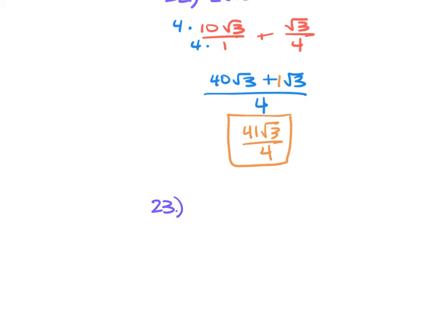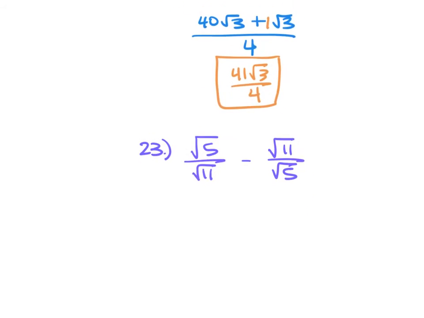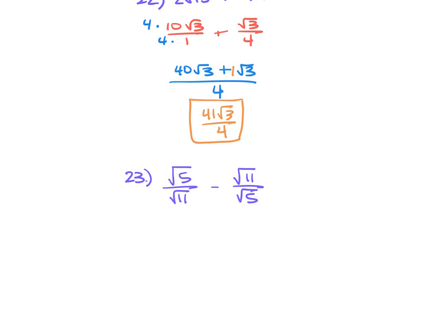For 23, we have the square root of 5 over the square root of 11 minus the square root of 11 over the square root of 5. So what we're first going to do here for this one is multiply to get your common denominator for both of them. Your common denominator between these two fractions is the square root of 55. We're going to multiply top and bottom of that second one by square root of 11. First one would be by the square root of 5, top and bottom.